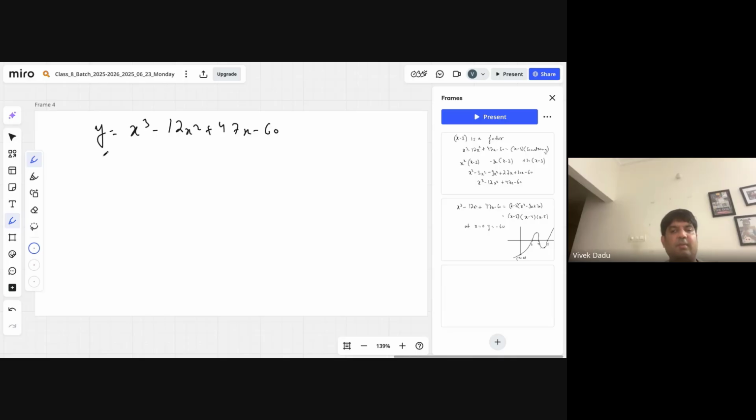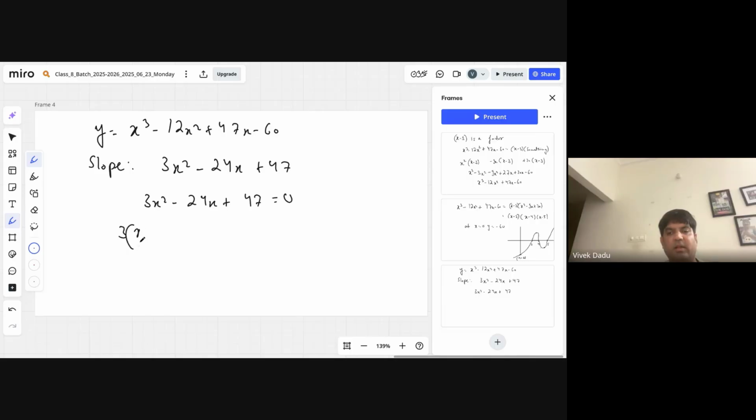So for turning point, what do you do? Put slope equal to 0. Okay. Equal to 0. Then you take 3 common.